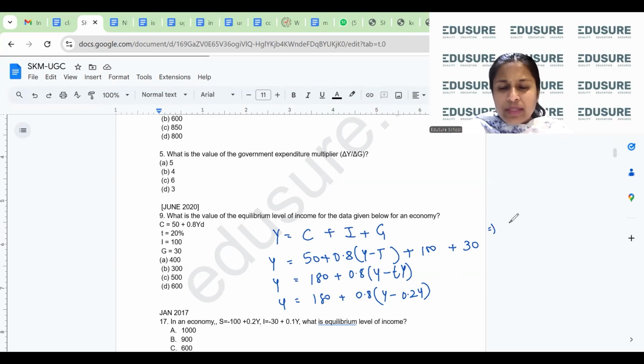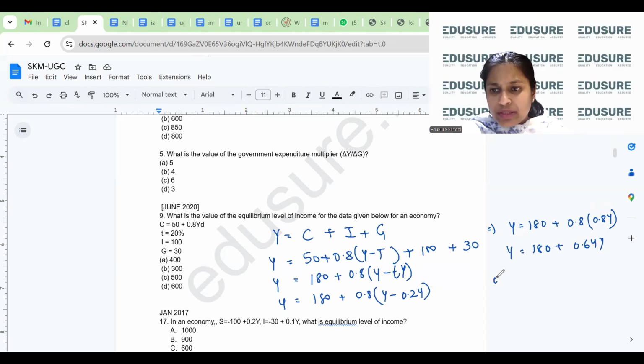So this is going to be 180 plus 0.8 times 0.8Y. So Y is equal to 180 plus 0.64Y. So this is going to be 0.36Y is equal to 180.